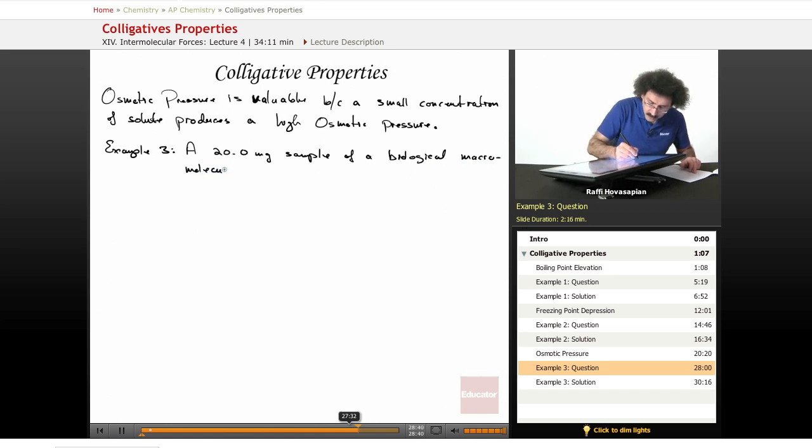Macromolecule was dissolved in enough water to make 25.0 milliliters of solution.